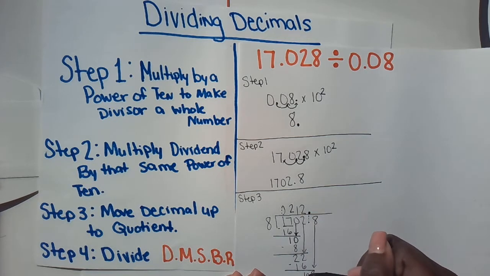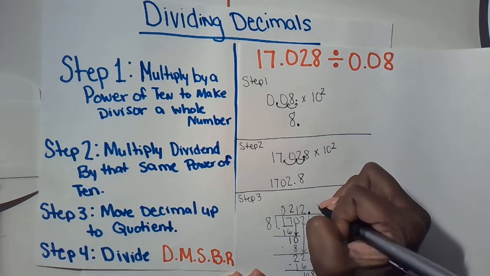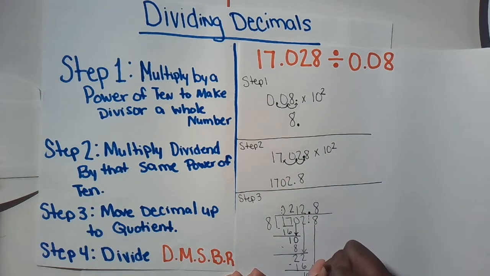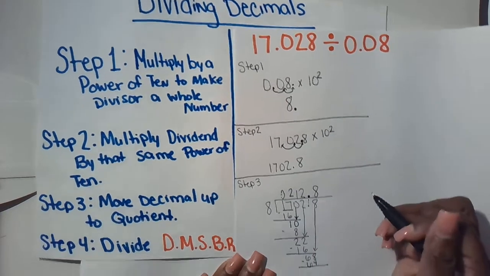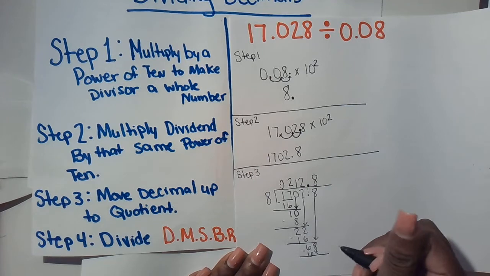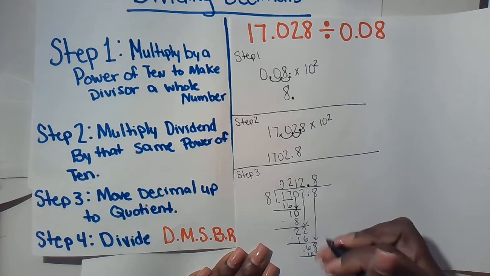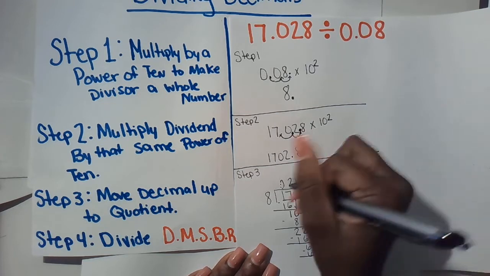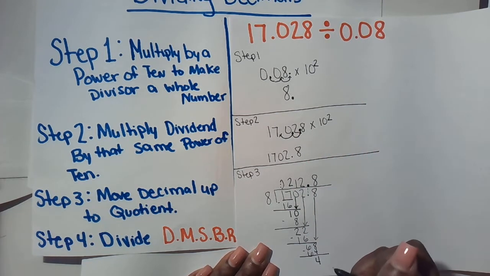8 goes into 68 8 whole times, because 8 times 8 gives me 64. I want to subtract. 68 minus 64 leaves me with 4 pieces. And because I'm dealing with decimals, I don't want to leave my number with a remainder.